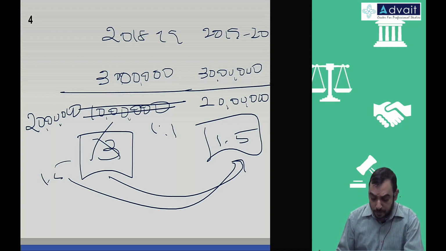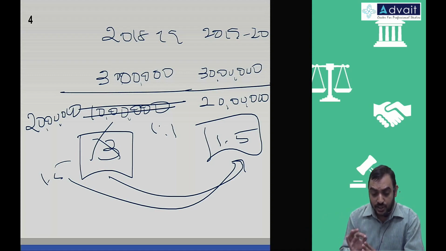So this impact of bonus shares, impact of rights issue, all these things are called adjusted EPS. That is, for the purpose of comparison, even though the event has taken place in the current year, we give the effect as if it had taken place in the earlier year itself.